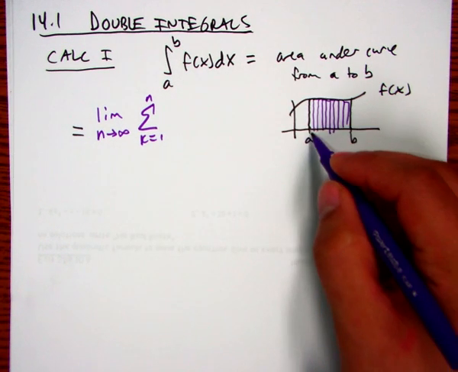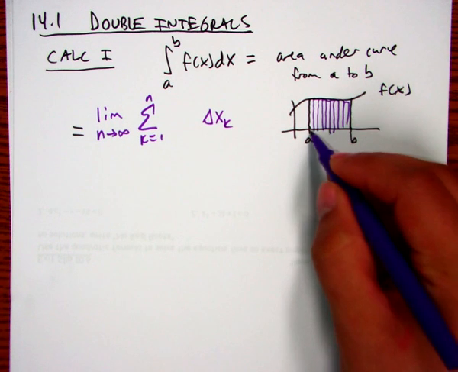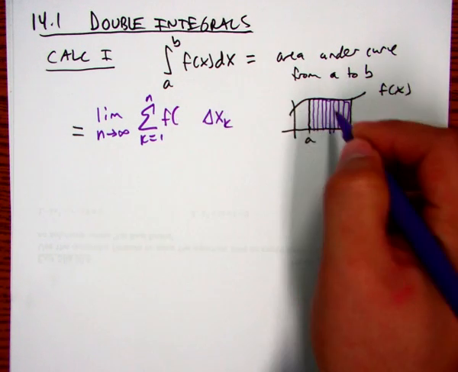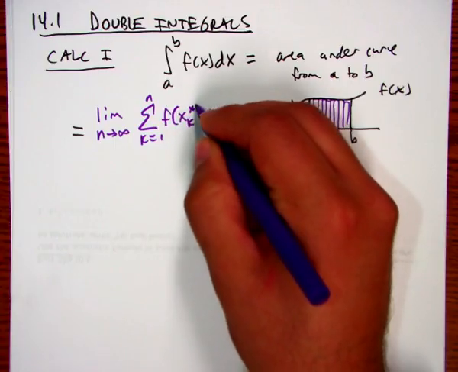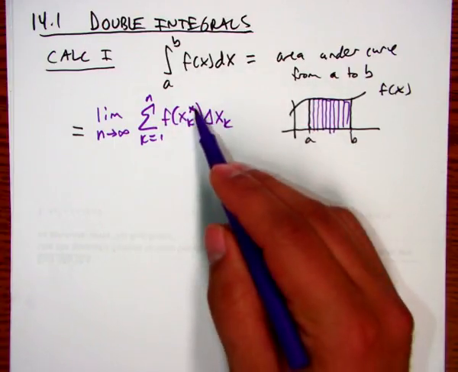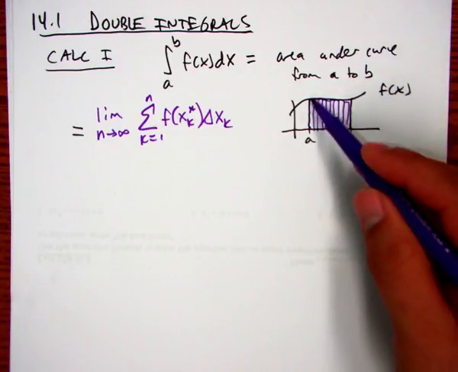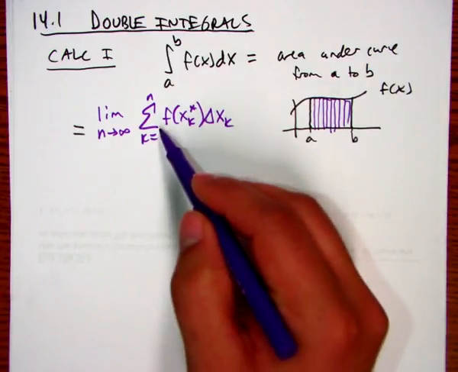The base would be delta x sub k, the width of each little rectangle, and the height would be f of x sub k star. In the book they like to use a star notation to indicate any particular height as opposed to a specific one. So that's the Riemann sum version of the definition.